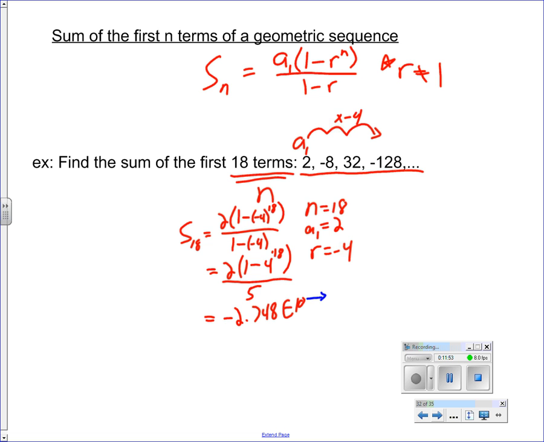What that means is -2.748 times 10 to the 10th power. So it's a very large number, so it's more compact to write it this way. To write it out, what we have to do is take the decimal point and move it 10 times.